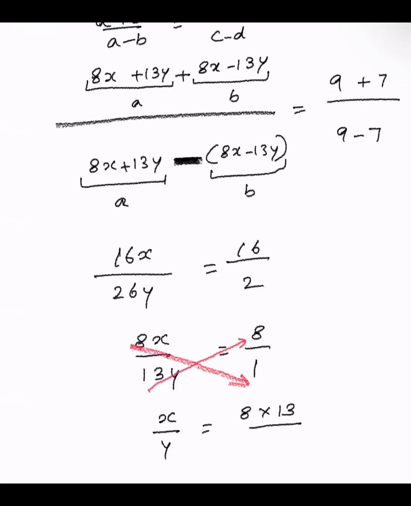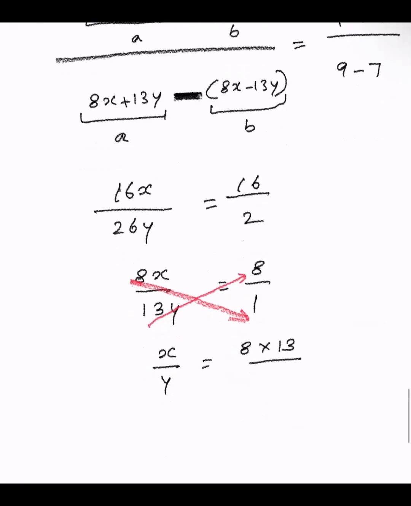So 8 into 13 divided by 8. What is my ratio x is to y? Because this 8 and this 8 will get cancelled out, I'm left with 13 divided by 1. So x is to y is 13 is to 1.